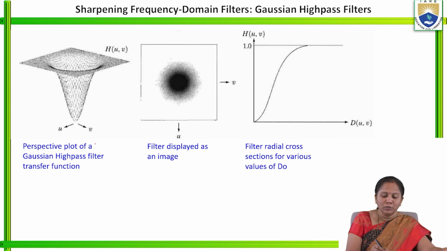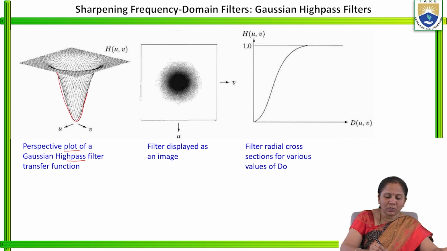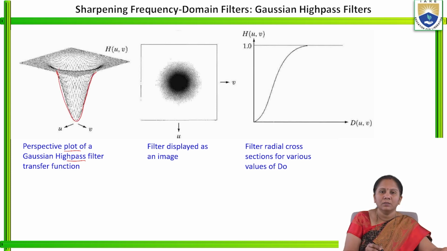Now coming to the perspective plot of the Gaussian high pass filter transfer function. Here we can observe this is the plot. It will be somewhat different compared to the Butterworth high pass filter. All these are the lower frequencies, and these frequencies will be blocked.